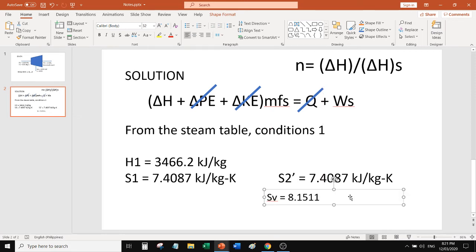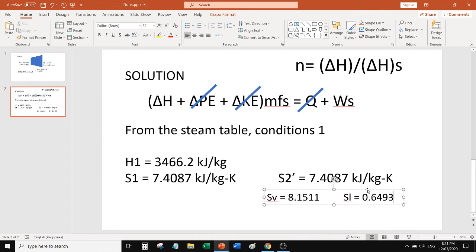Okay. And then, meron din siyang S sub L. Okay, yan yung liquid. Entropy ng liquid, mas maliit, mas hindi siya magulo, 0.6493. Mas maliit siya. Yung liquid. Yan.